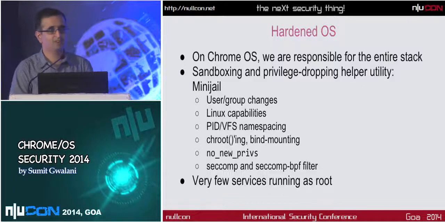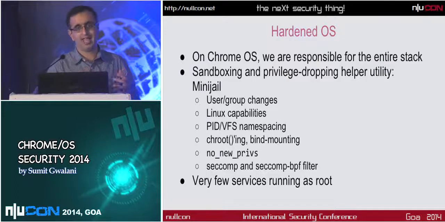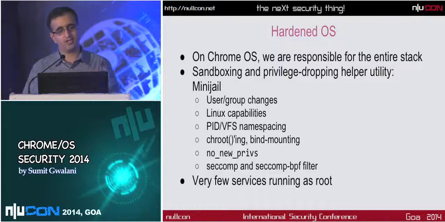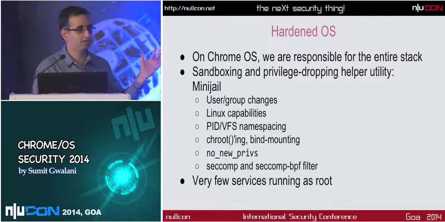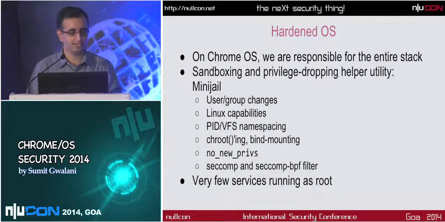Now, there are a bunch of system daemons. You want to ensure that each of the system daemons does the right job in setting capabilities or so on. To be very frank, having worked on this, you won't end up getting many developers who will do that. So what do you do? You end up writing a privileged dropware helper utility, which we internally call minijail. That sort of does a bunch of the standard kernel level hardening or user level hardening stuff.